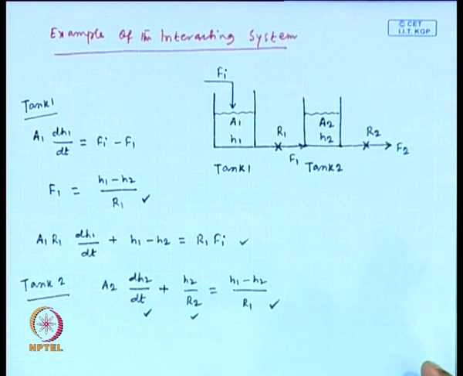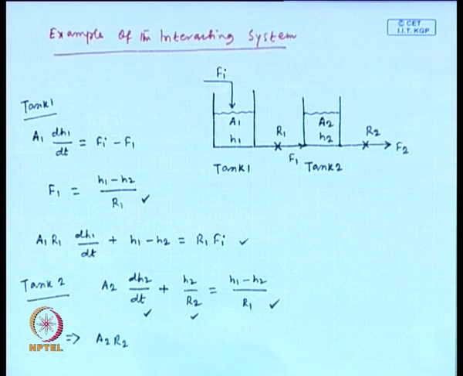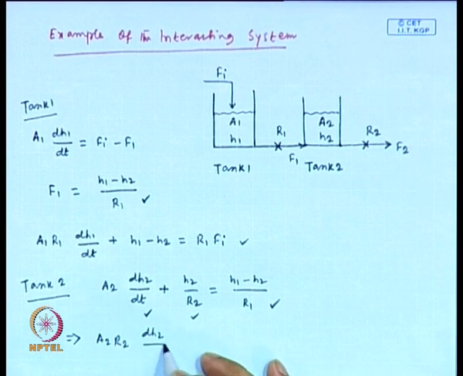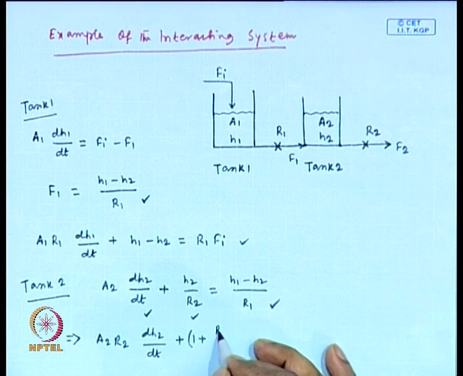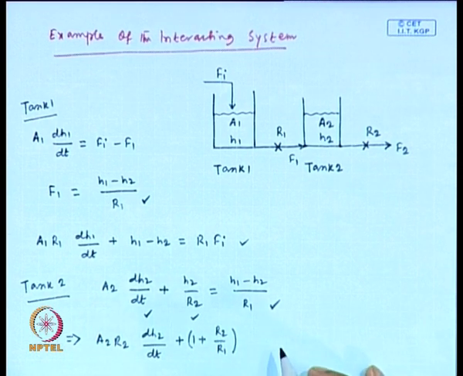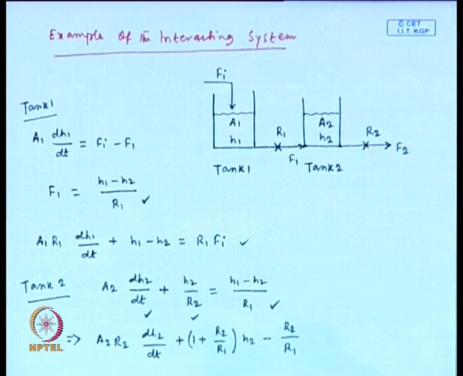Fine. Now, these two modeling equations we need to write in terms of deviation variables. Before that we can rearrange this equation and we obtain A2 R2 dH2/dt plus (1 plus R2/R1) H2 minus (R2/R1) H1 equal to 0. By rearranging the modeling equation for tank 2, finally we get this equation.